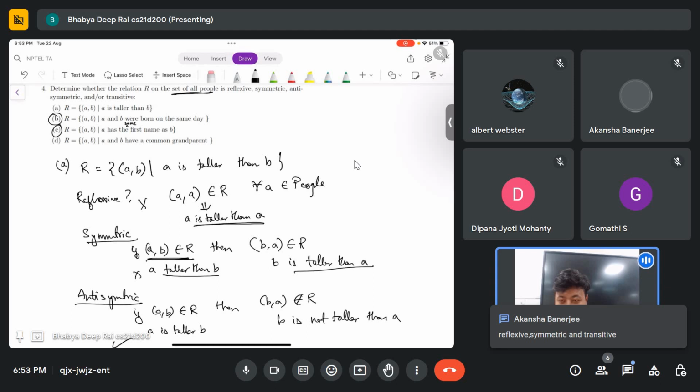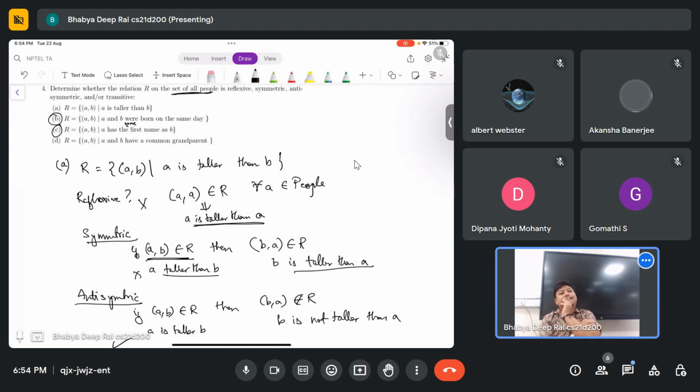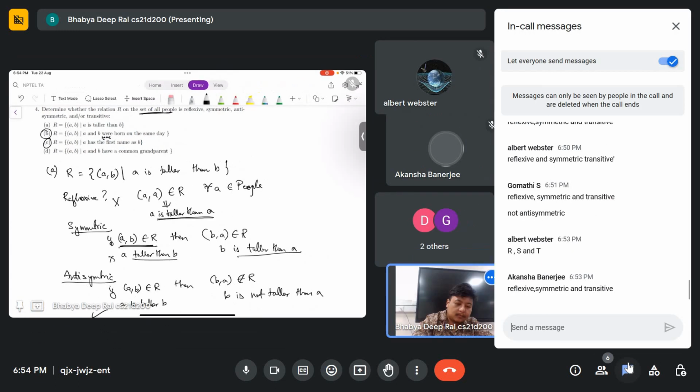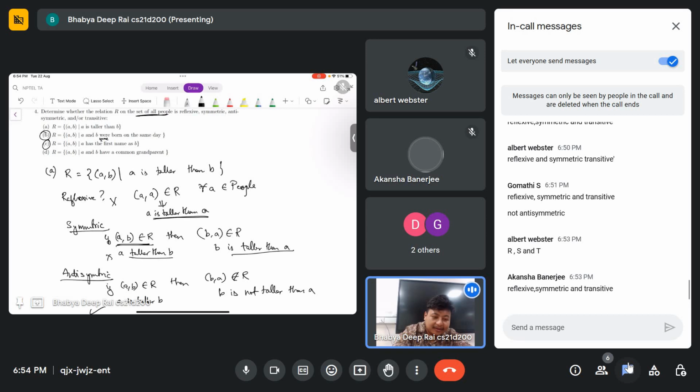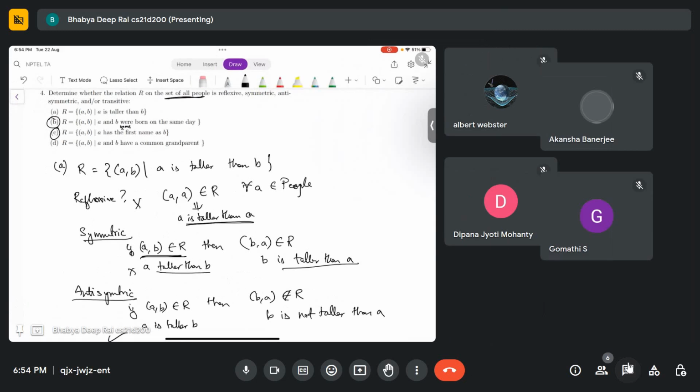So again, it's reflexive, symmetric, transitive. Oh, okay. Albert has only replied R, S, and T.